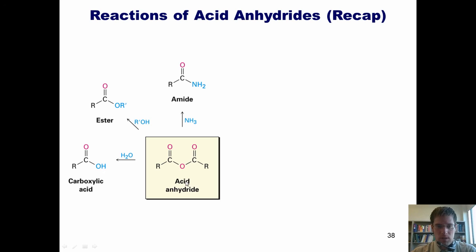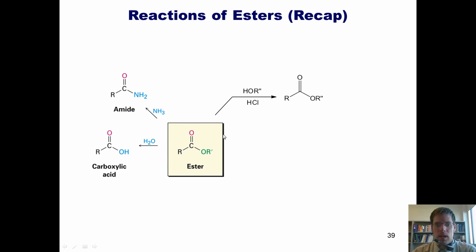Similarly, we can do various reactions with acid anhydrides, which is the next most reactive carbonyl-bearing substance in the sequence. We clip off the acetate leaving group with water, we get carboxylic acids. With alcohol, we get esters. With amines, we get amides. We can also do reactions with esters, which are the next most reactive species in the sequence.